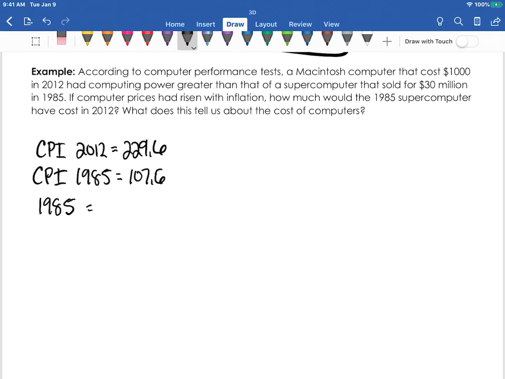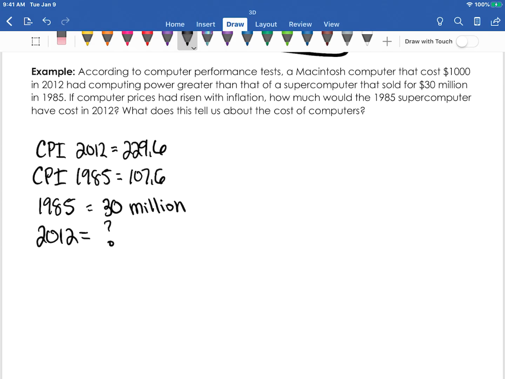So in 1985, a computer sold for $30 million, these supercomputers. We want to see, based on the rate of inflation, what a computer would be in 2012. We know that we can go online to the Apple Store and purchase a MacBook Air for maybe approximately $1,500 to $2,000. But based on the rate of inflation, that's going to tell us it's a huge difference.